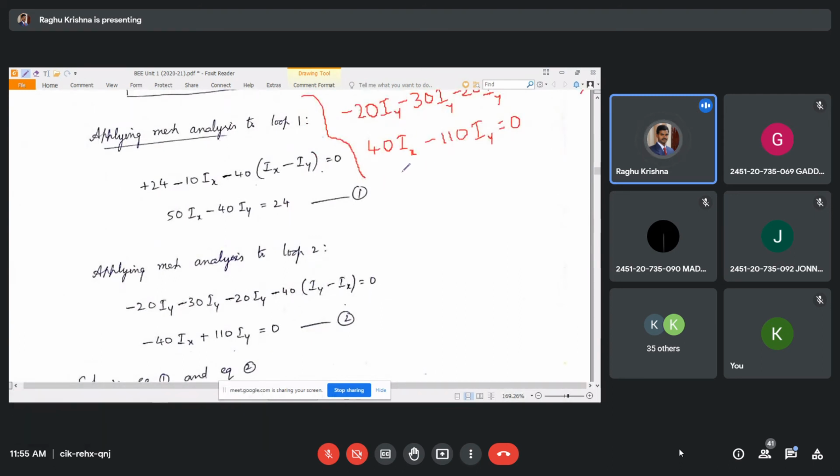So here 40 Ix minus 110 Iy is equal to 0. Here plus 40, here minus 40, here minus 110, here plus 110.